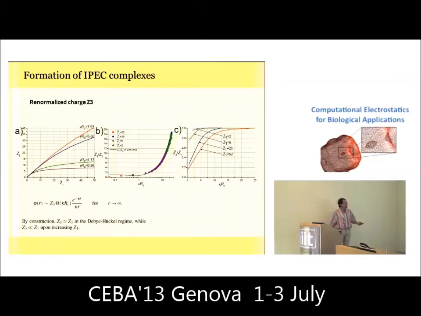And so this charge, Z3, this is a long distance charge, you can see that it should be proportional to the charge of the bare polymer in a Debye-Hückel regime of high salt concentration, but it will deviate in the Poisson-Boltzmann regime.